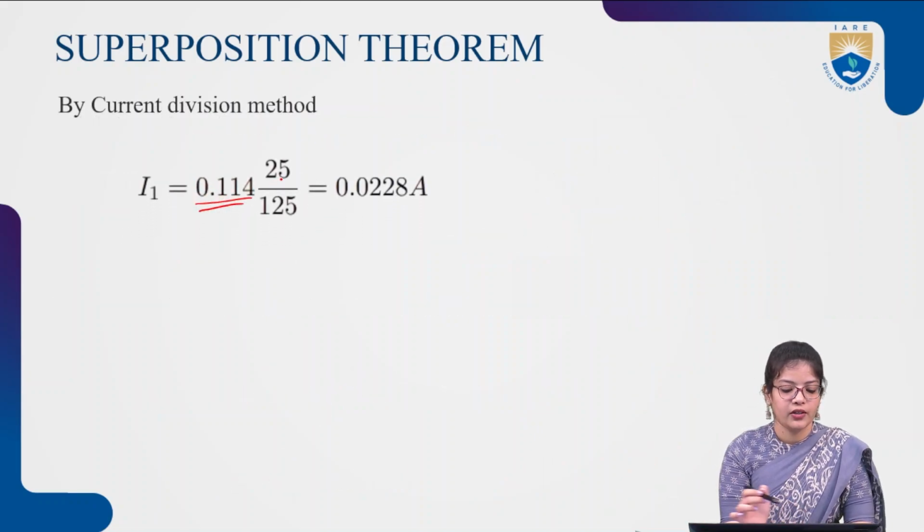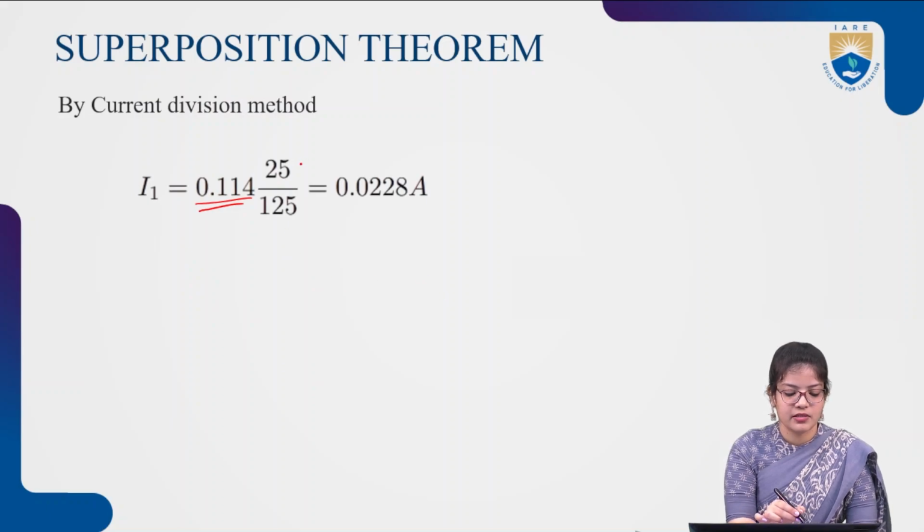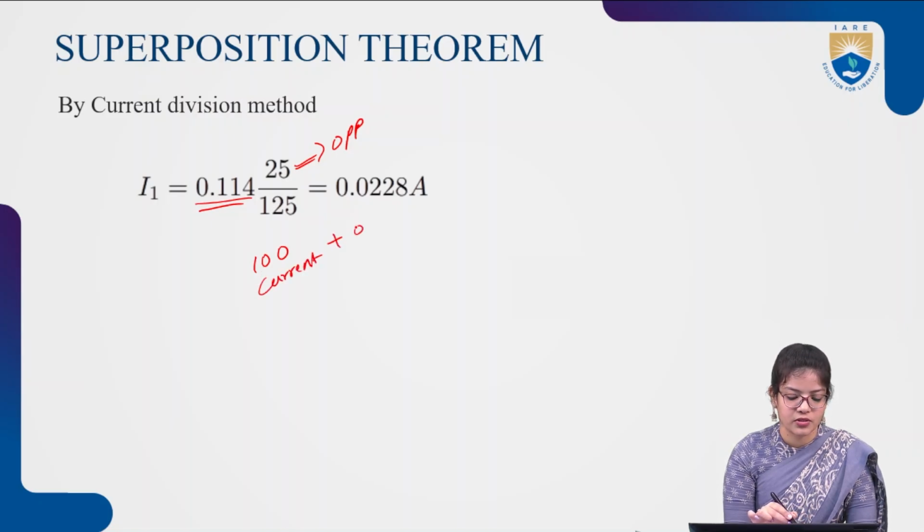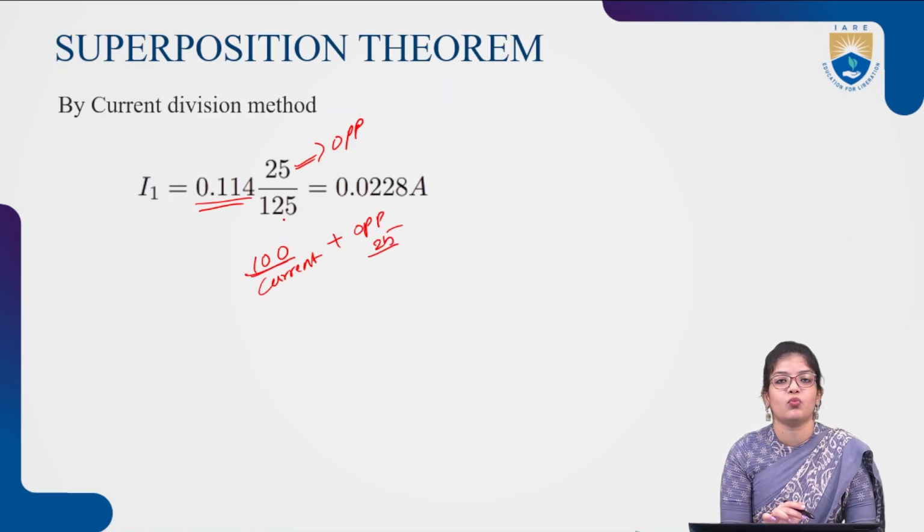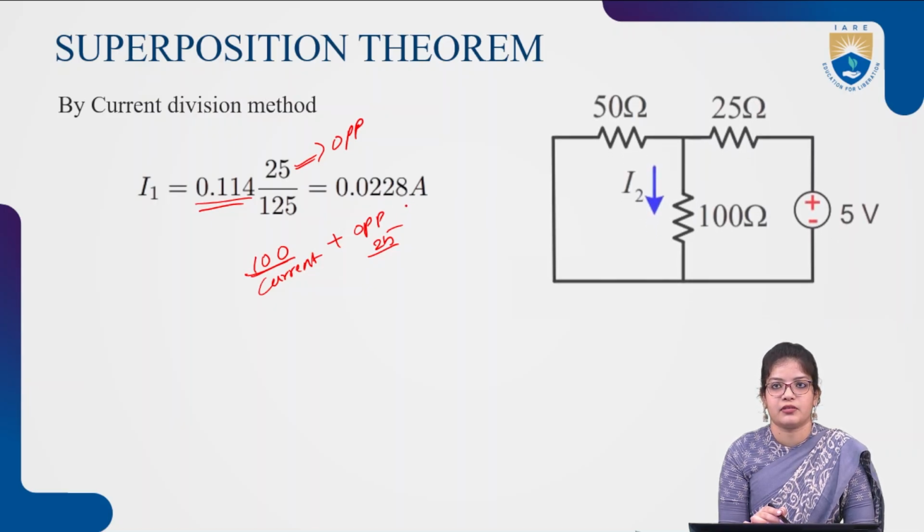So 25 is opposite, 100 will be the current resistance, and again opposite is 25. So if we add this 100 plus 25, we'll get 125. If we substitute these values, we'll get the value of I1 as 0.0228 amperes.